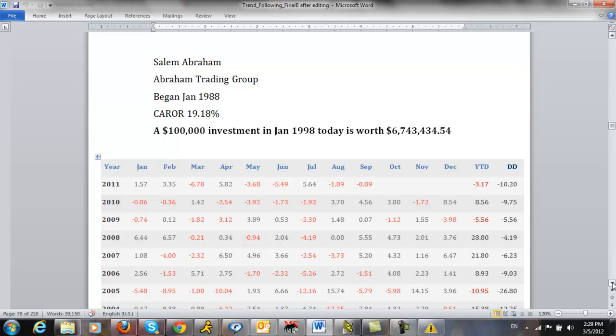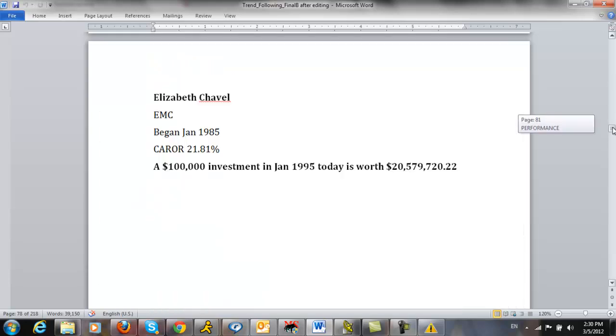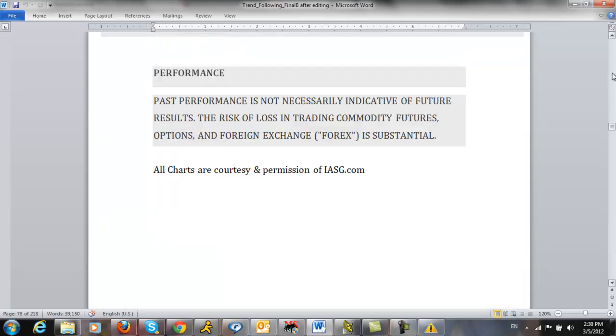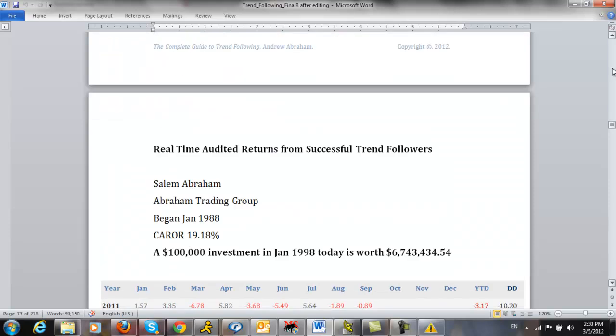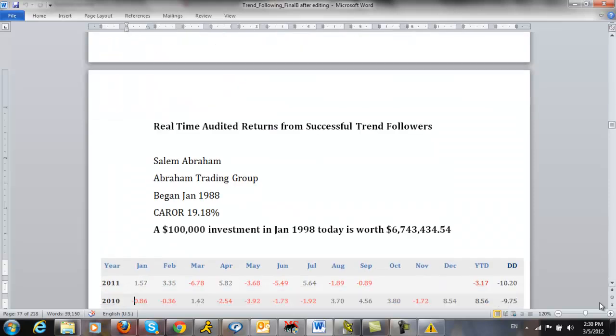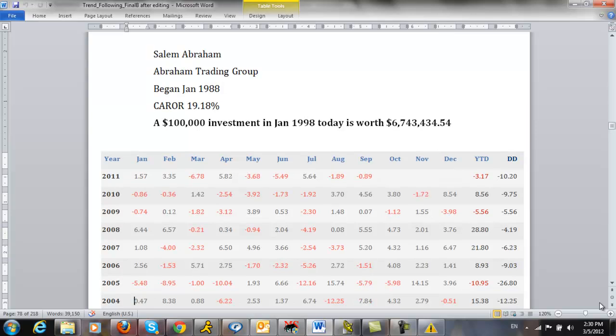This is a hypothetical example: if someone invested $100,000 in January of 1988 with Salem Abraham, you can see it turned into about $6.7 million.